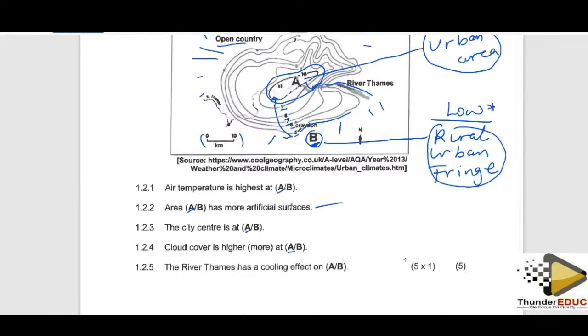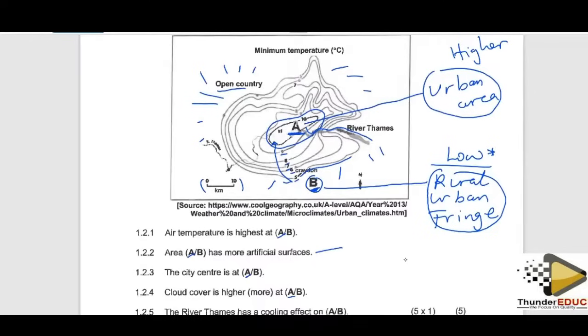1.2.5, river thermals has a cooling effect on A or B. Now, remember we said that at point A, temperatures are already high, and temperatures are low at point B, you see. So it means that if there is a river flowing through point A, which experiences higher temperatures, this river will try to cool down the urban area so that it is not very hot.